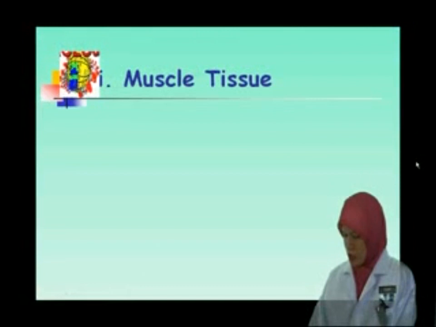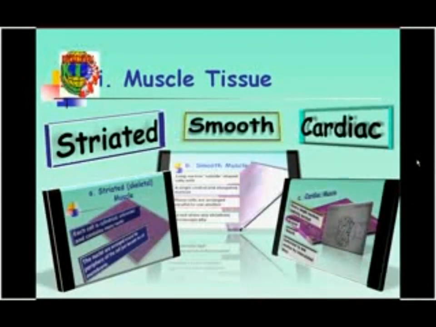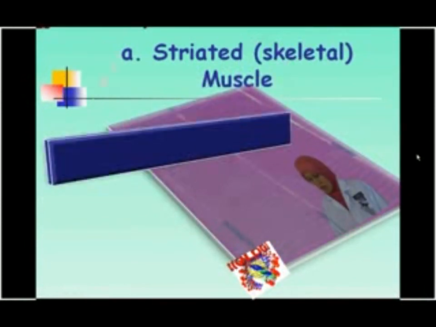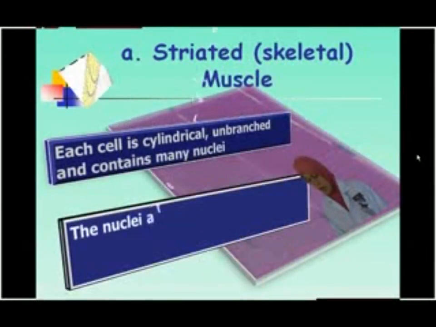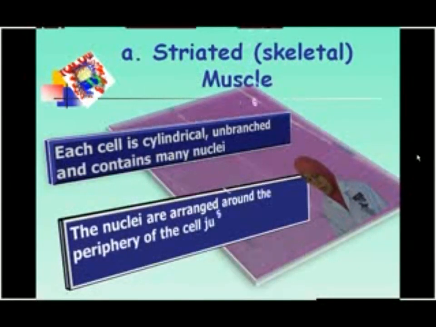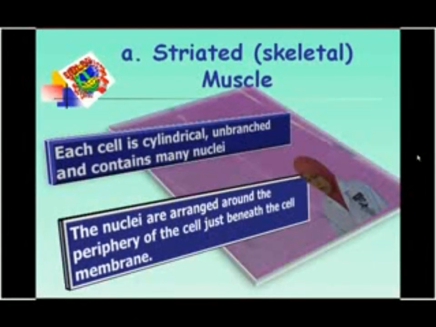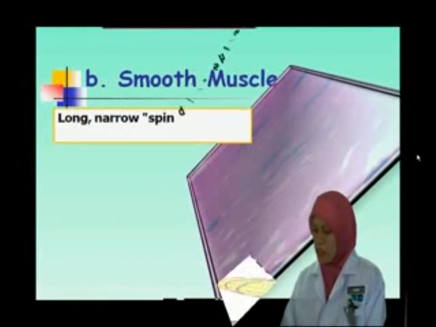Muscle tissue: striated, smooth, cardiac. Striated muscle. Each cell is cylindrical, unbranched and contains many nuclei. The nuclei are arranged around the periphery of the cell, just beneath the cell membrane. Smooth muscle. Long, narrow, spindle-shaped cells.